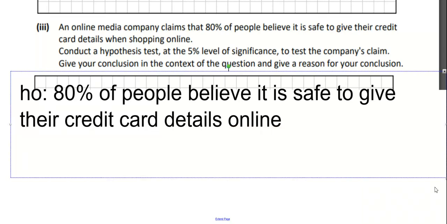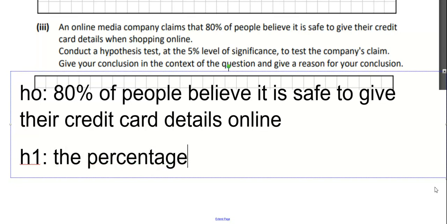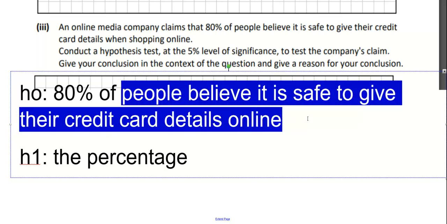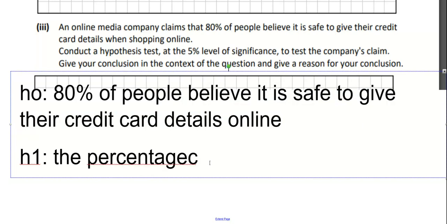And then H1, which is the alternate hypothesis. Now you sort of copy and paste this. So you're going to say the percentage of people, so I'm reusing the language from the null hypothesis up here.